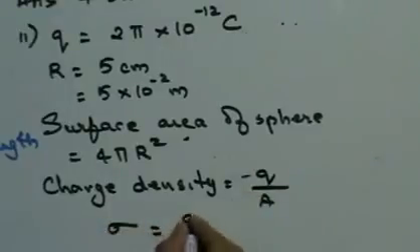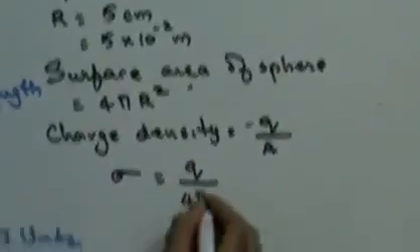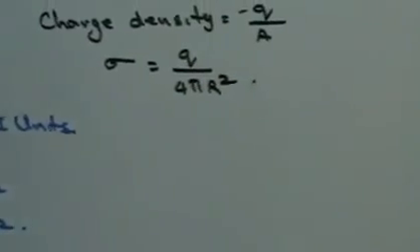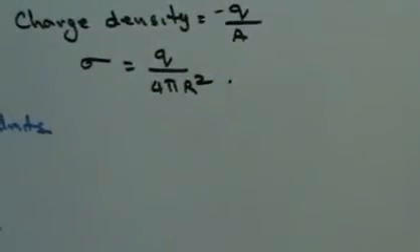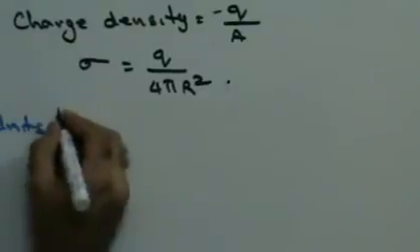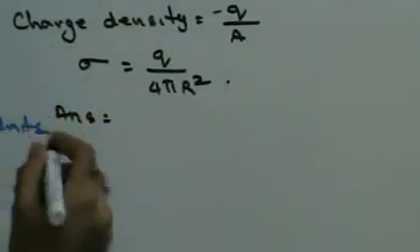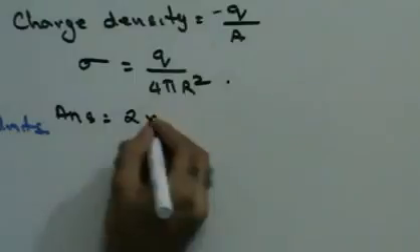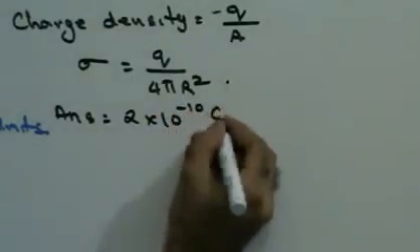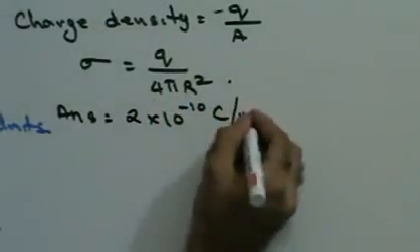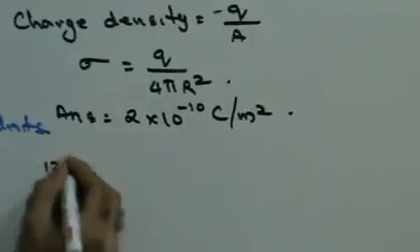So charge density is charge upon area, 4πr². Q I have, 4πr² I have. I should be able to get the answer. The answer for this sum should be 2 into 10 raised to minus 10 coulombs per meter square. Next, let's see the next sum.